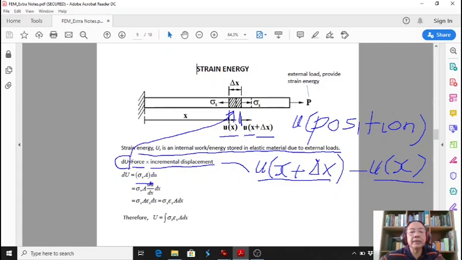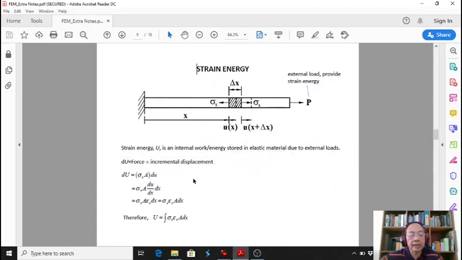So incremental displacement is du, which is u at x plus delta x minus u at x. So this is du. So dU is equal to sigma x A times du.